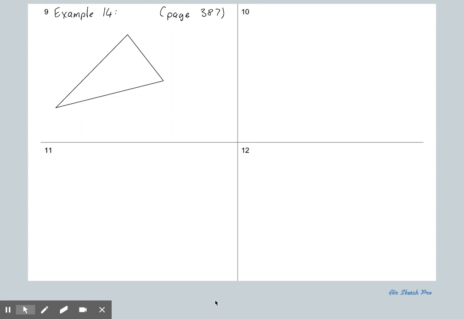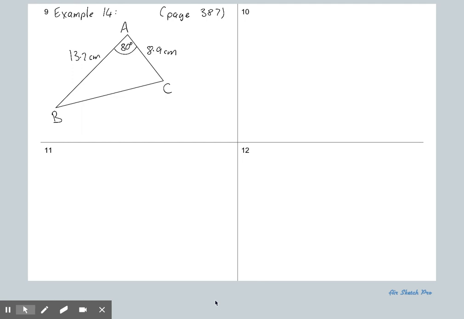It gives a triangle with the following properties. First of all, it's labelled A, B, and C. It gives a top angle of 80 degrees. And it gives the two sides, the two legs of that, as being 13.2 centimetres and 8.9 centimetres.